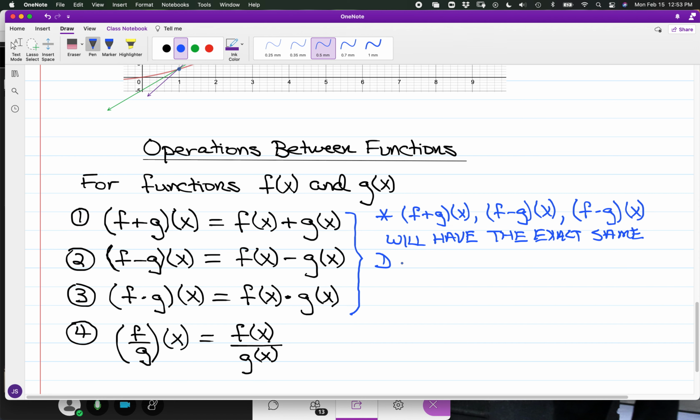And this domain is formed by combining the restrictions, if any, of f of x and g of x.